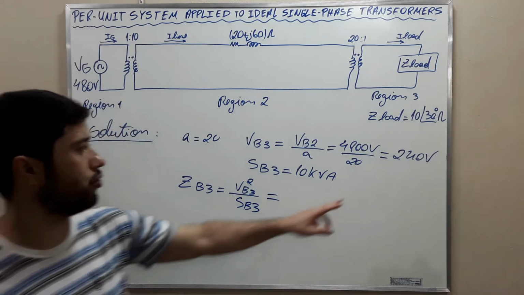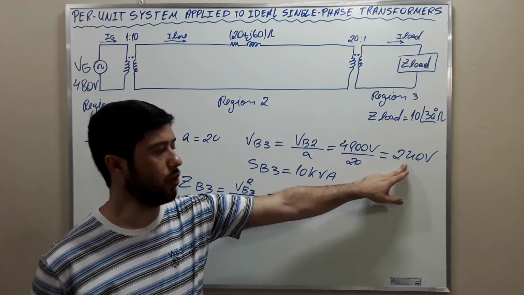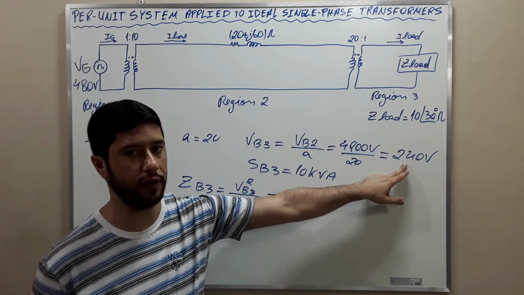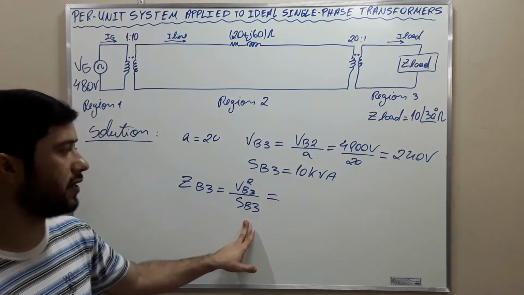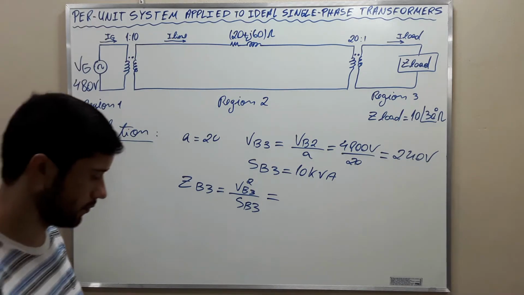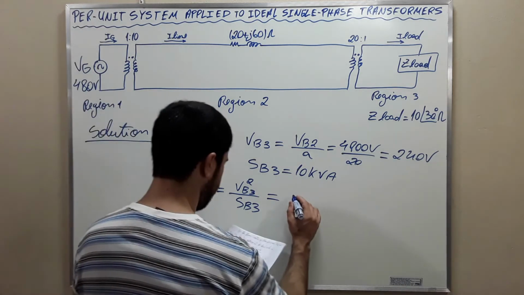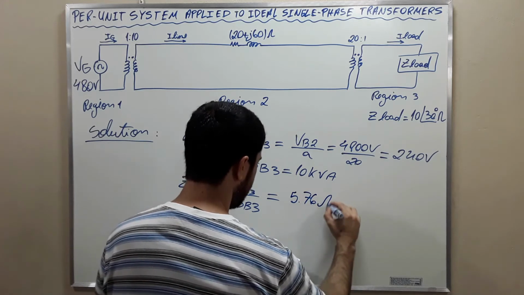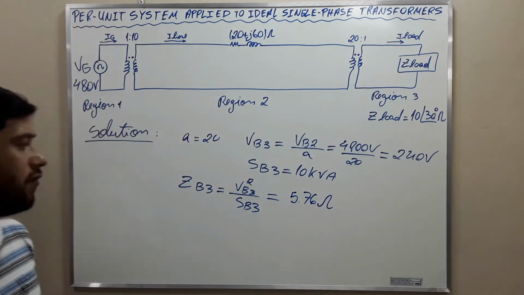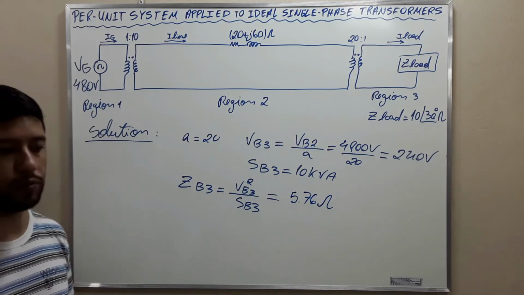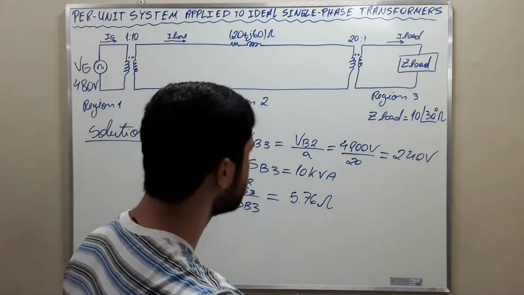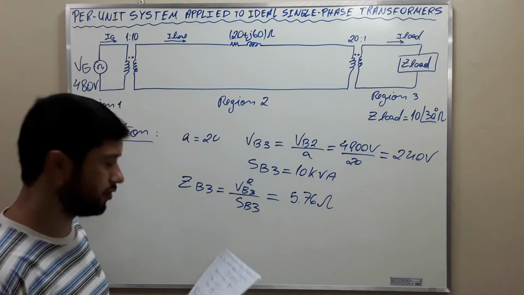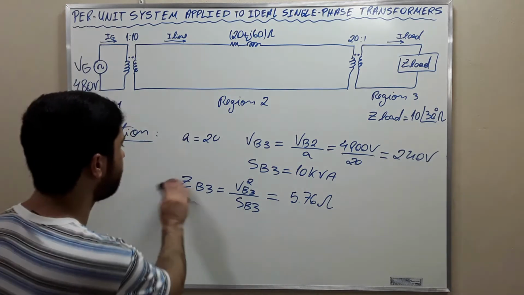We are going to use this value, 240 volts squared, divided by 10 kVA. And we find 5.76 ohms. This is all for letter A.